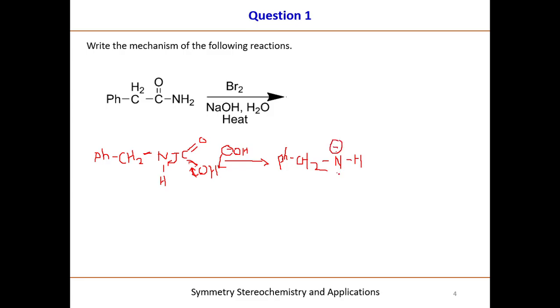Correct? Plus CO2. As I told you, CO2 will release here. So we get plus CO2.